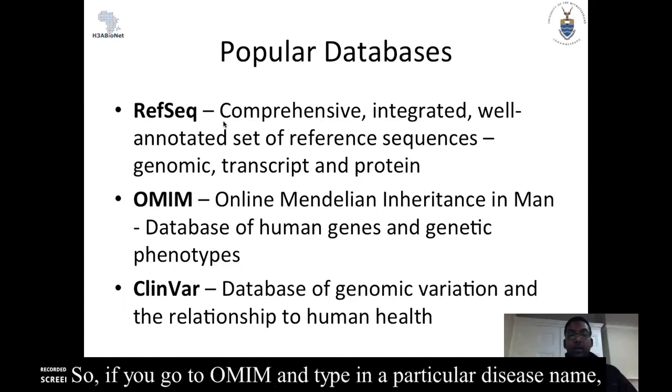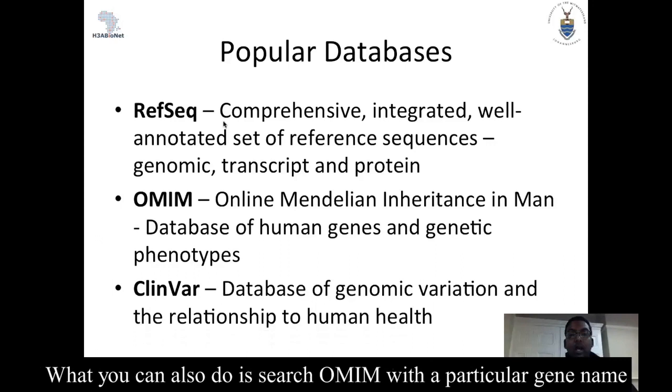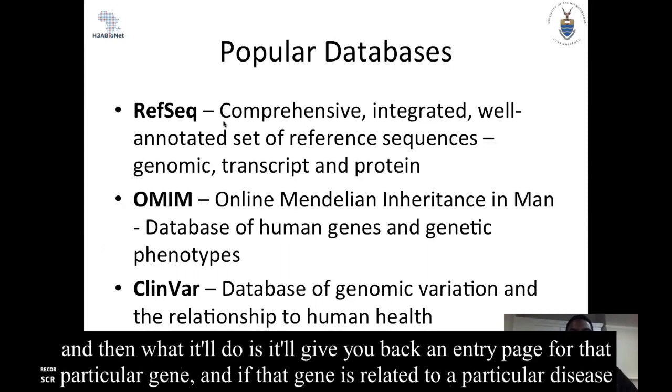So if you go to OMIM and you type in a particular disease name, you will get back a page which is dedicated to information on that particular disease. What you can also do is search OMIM with a particular gene name, and it will give you back an entry page for that gene.